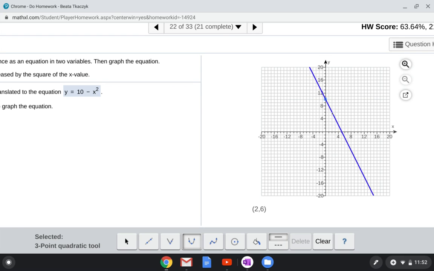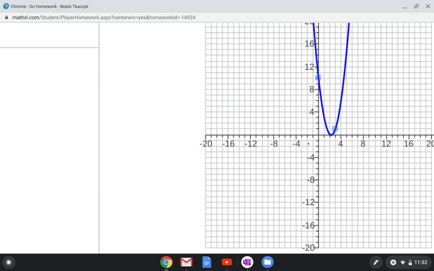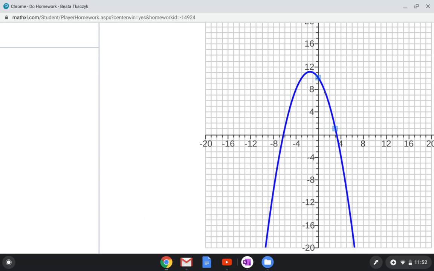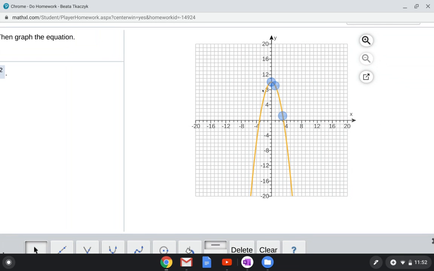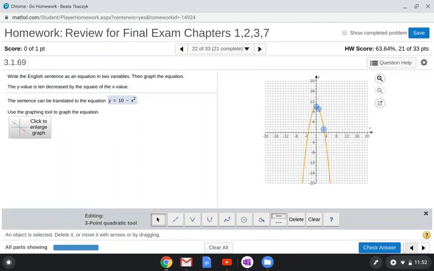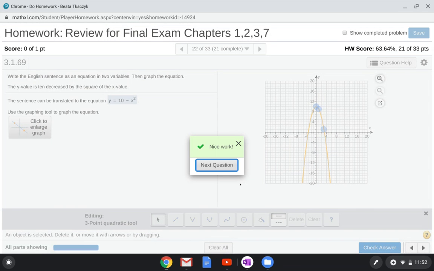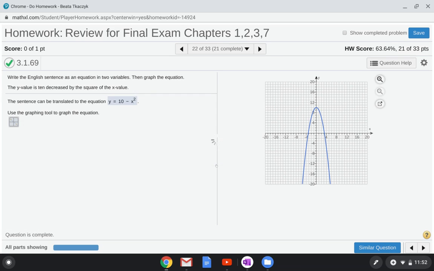Then I have 1, 9, and negative 1, 9. So it looks like it's correct. Check answer. Okay, next question. So yes, now I know how to graph it. You guys need to remember that when you see x squared, it's going to be a parabola. Just pick those 3 points and the parabola will create the correct shape.